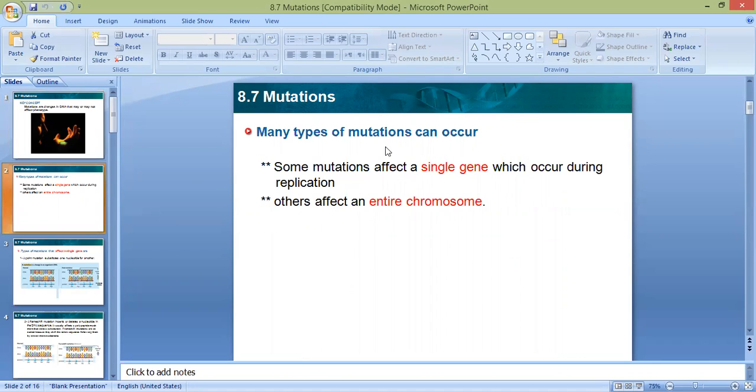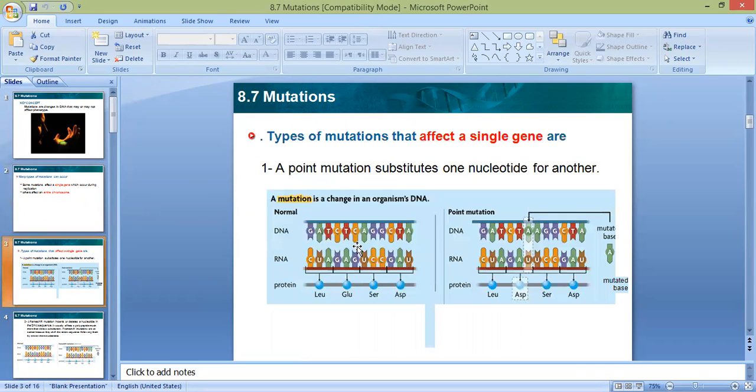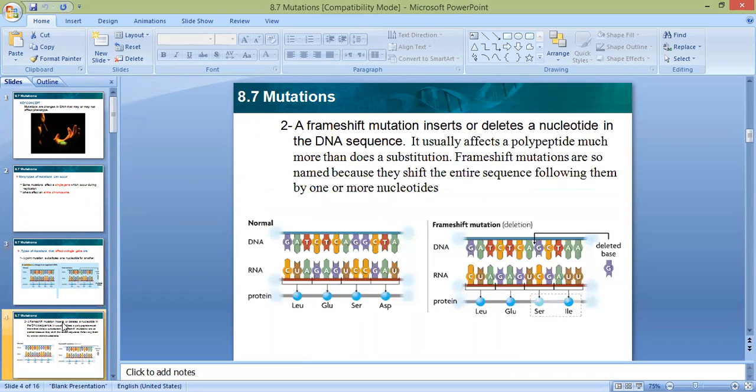We have two types of mutations, single gene and chromosomal mutation. A single gene mutation is either a point mutation, where a nucleotide substitutes for another nucleotide, or a frameshift mutation, where some nucleotides are inserted or deleted, and that causes shifting in the codons of the amino acids.